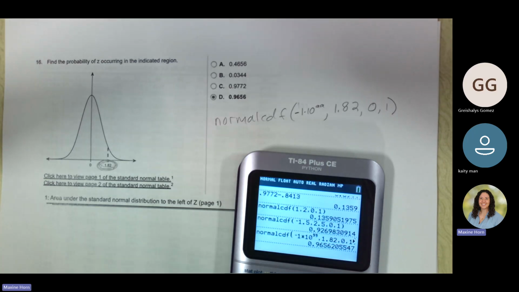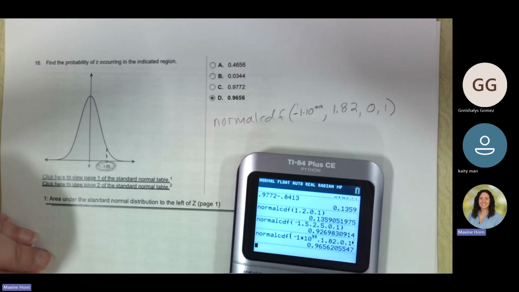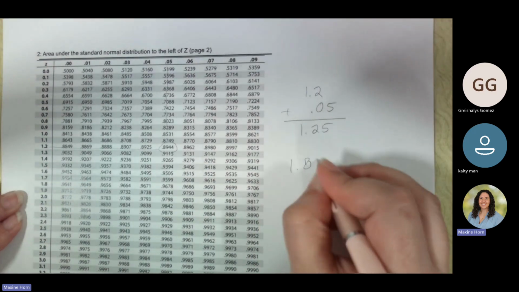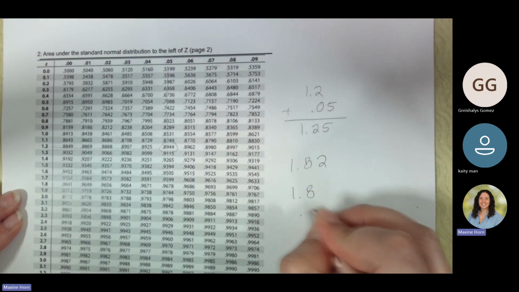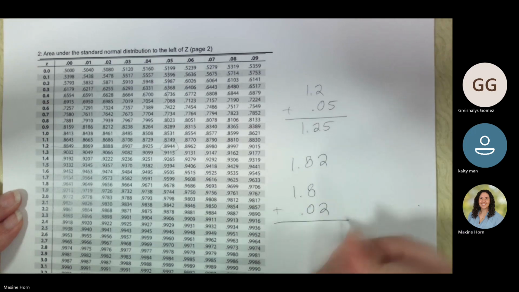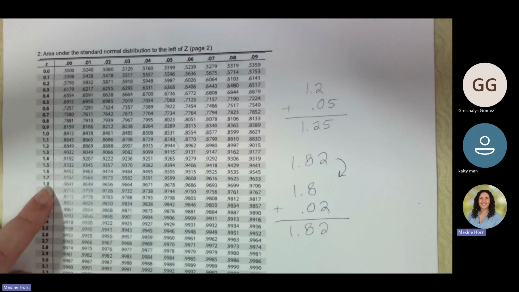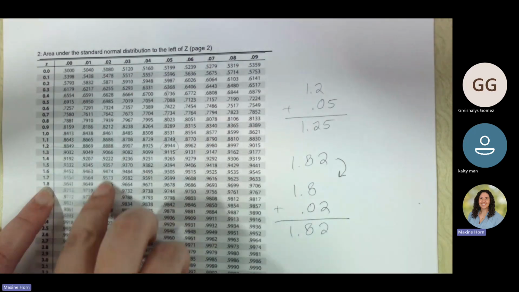But again, if you wanted to look it up in the chart, we're going to look up a z-score of 1.82. So not here because these are negative. So I go here, 1.82, that's 1.8 and 0.02. Right? That's how we do that. So 1.82, right?